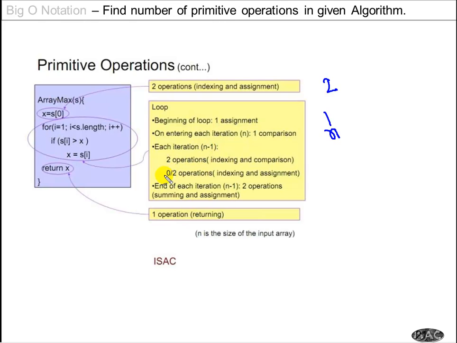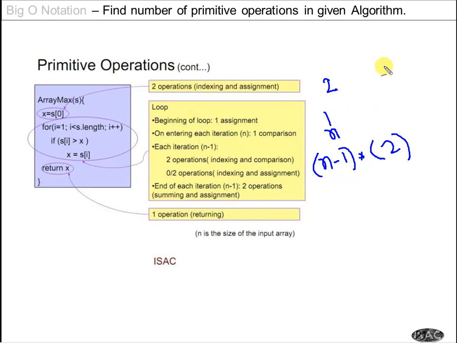So we will say worst case and best case. Worst case is 2 plus 2, best case is 2 plus 0. So it is n minus 1 into 2 plus 0, that is the best case, and then this one is n minus 1 into 2.